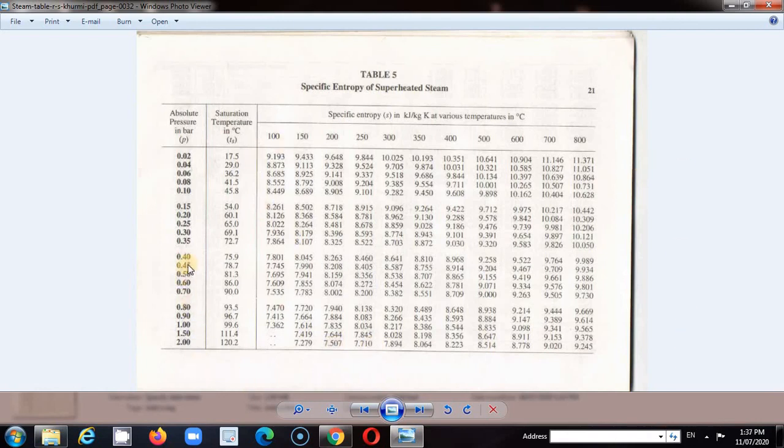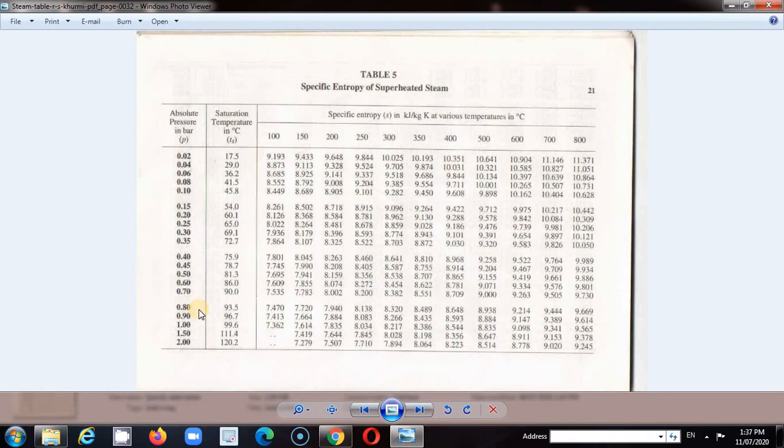Here we will consider 0.2 bar pressure and temperature 200. So you just select the 0.2 pressure and the 200 degrees centigrade, go in the downward direction, and from 0.2 you go horizontally, and here you will directly get the value of the specific entropy for superheated steam, and its value is 8.584.